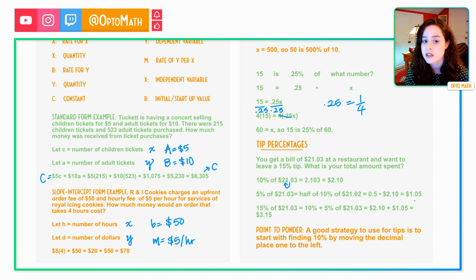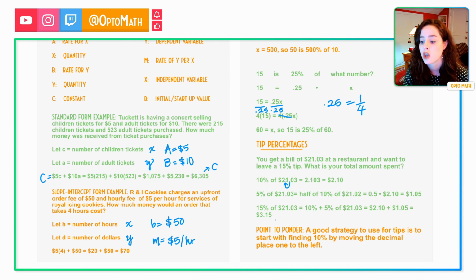So that's pretty simple. And if you want to find the total, 15%, just take those two percentages and add them together. So 15% of $21.03 is 10% plus 5% of your original amount, and that's going to be $2.10, which was the 10%, plus $1.05, which is your 5%, and that equals $3.15.